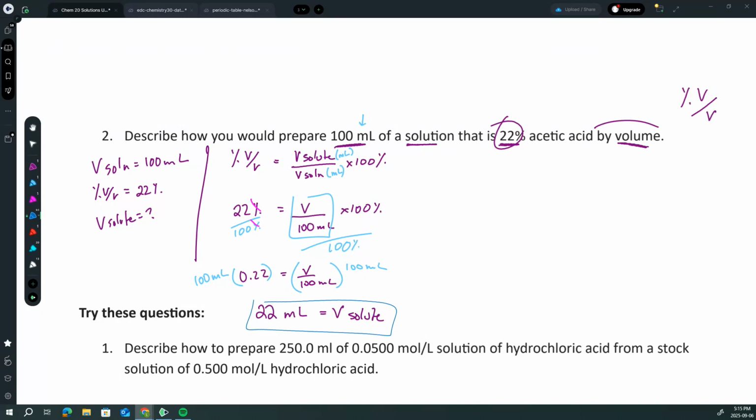Okay, and then I would pipette out 22 milliliters and put it into a volumetric flask, and then dilute or add in water to the volumetric flask until I had the bottom of the meniscus on the line on the neck of the volumetric flask. I would stopper it and then invert that volumetric flask 10 times. That's how I would prepare this solution. Okay, so I'm just gonna go ahead and write that out. By the way, the volumetric flask would have to be a 100 milliliter volumetric flask.